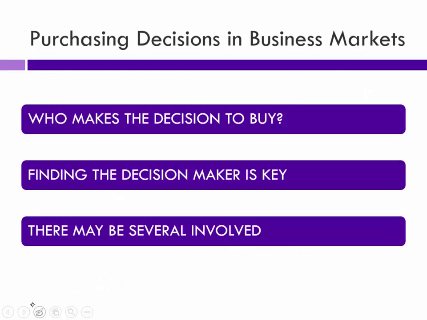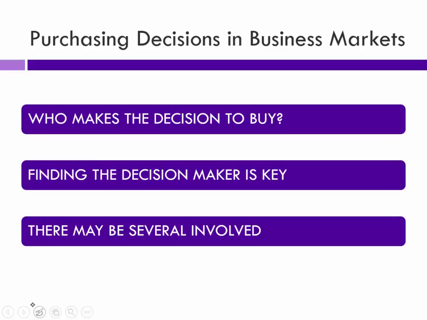Purchasing decisions, again, as we said in the first slide, are much more complex. First of all, sometimes it's hard to figure out who makes the decision to buy. It's not always as obvious as it is with business to business. Finding who the actual decision maker is is really important, and it's not always obvious.